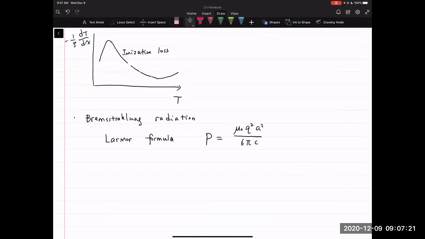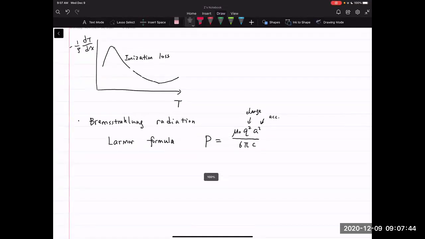Mu naught is a constant, and c is the speed of light. q is the charge of the charged particle, and a is acceleration. The important two parameters are charge and acceleration. So the radiation power is proportional to charge squared and acceleration squared.